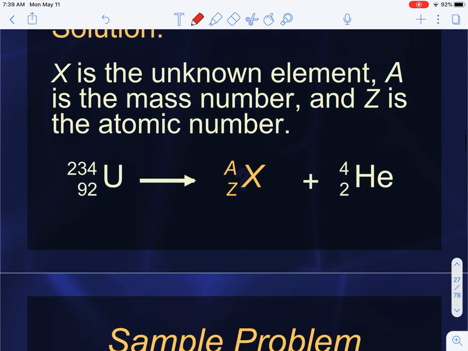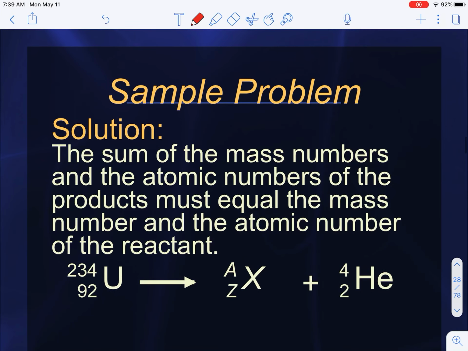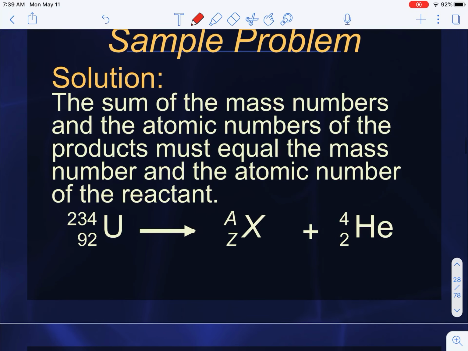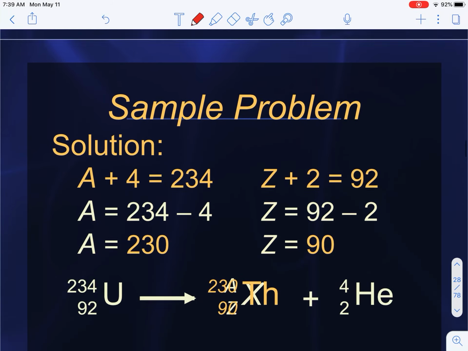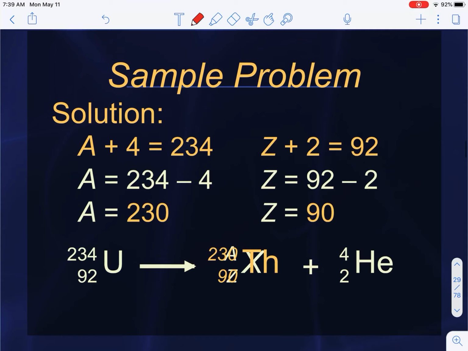Okay, let's go down. The sum of the mass numbers and the atomic numbers must equal the mass number, right? And you have to add them all together. So it's not that difficult. They go through a lot of steps to do something that I think is quite easy. But something plus 234, right?